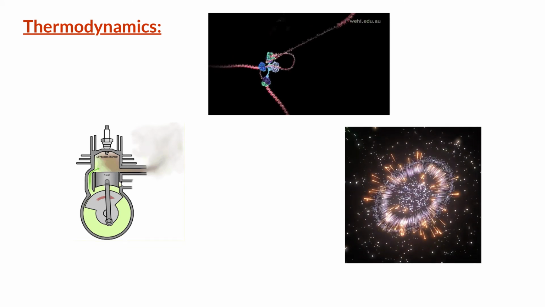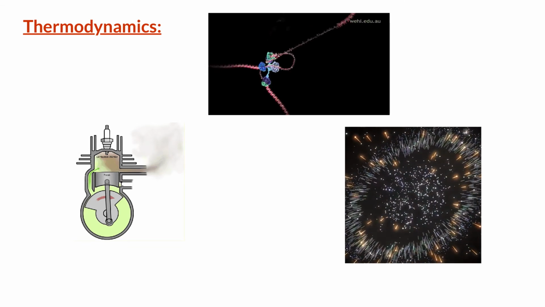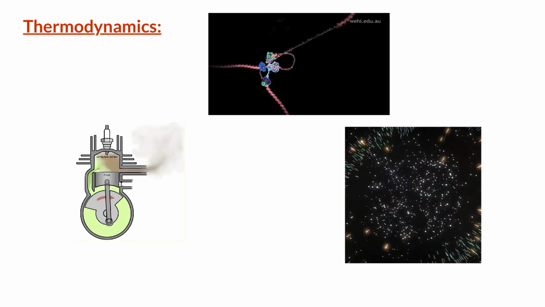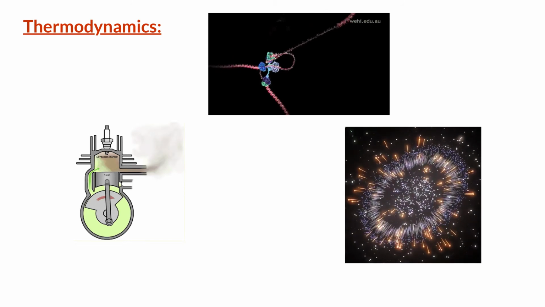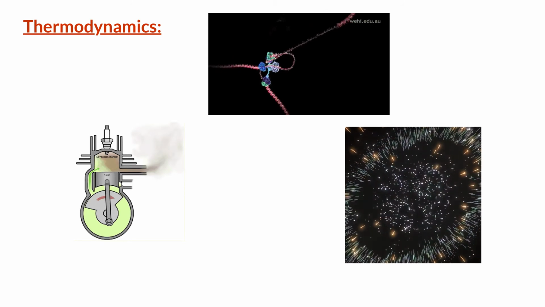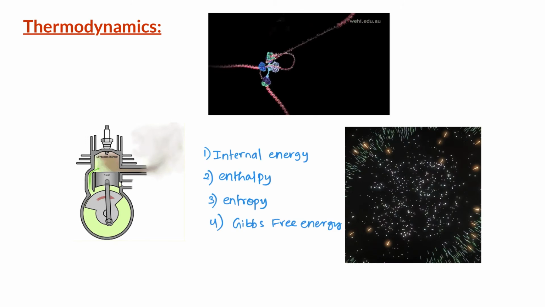We cannot find a system that violates the laws of thermodynamics. In this chapter, we are going to introduce several properties such as internal energy, enthalpy, entropy, Gibbs free energy, and discuss various laws of thermodynamics, that is, zeroth law, first, second, and third laws of thermodynamics.